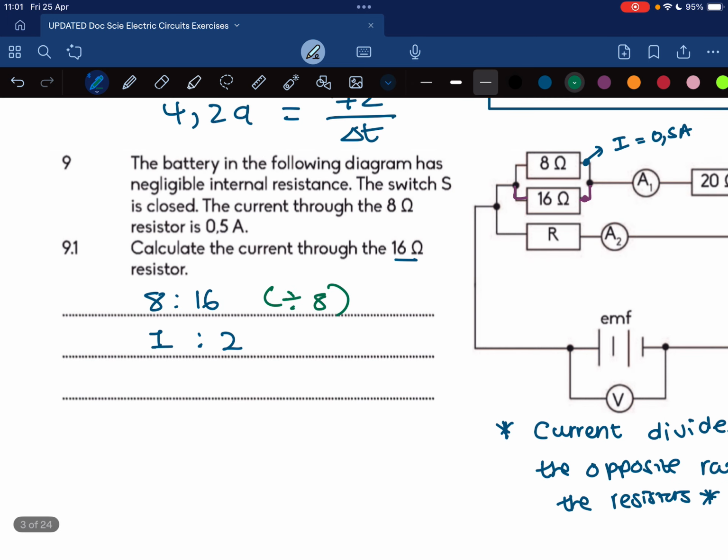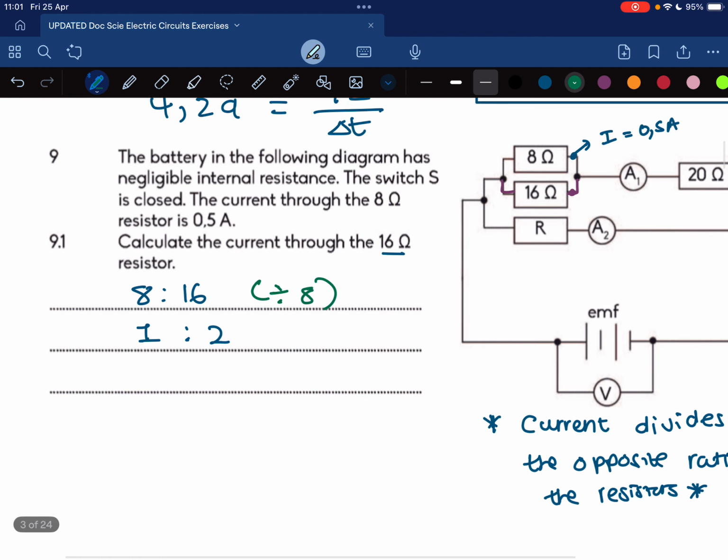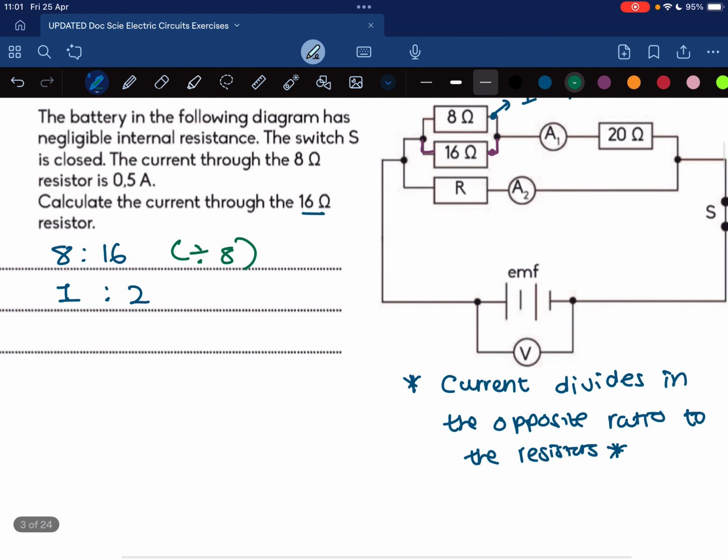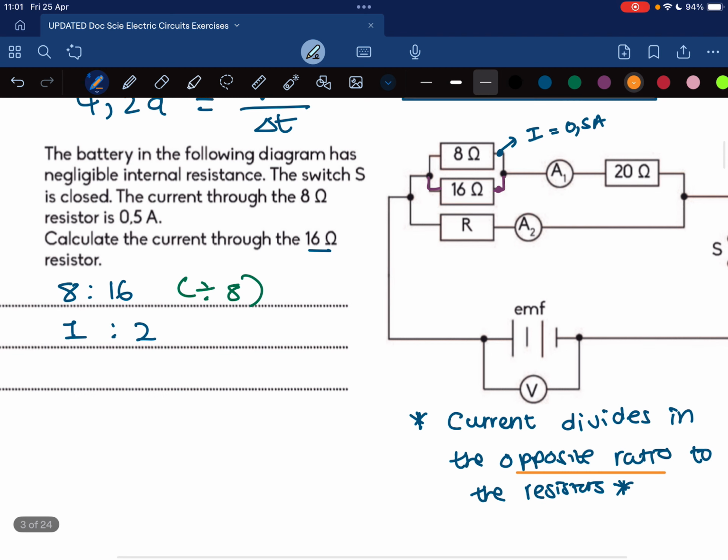So that means that because current divides in the opposite ratio, now this is the key here, the opposite ratio, because you might look at this and you might say, oh, so if there's 0.5 amps through the 8 ohm, then it must be double.